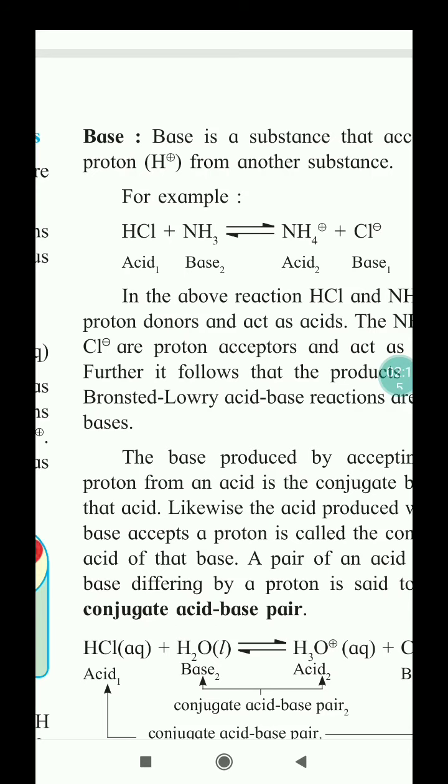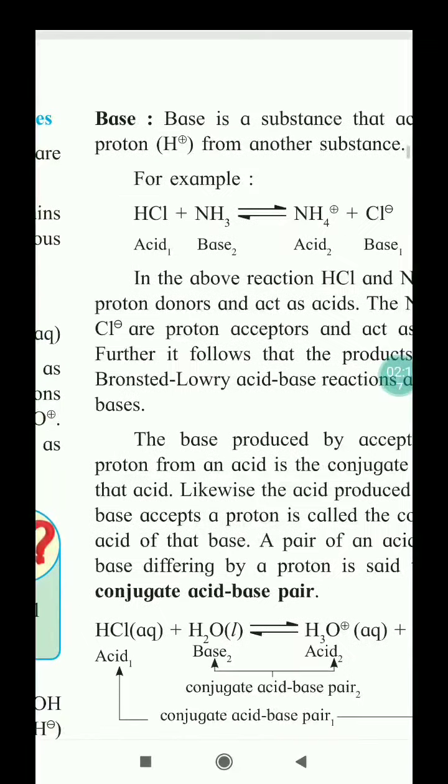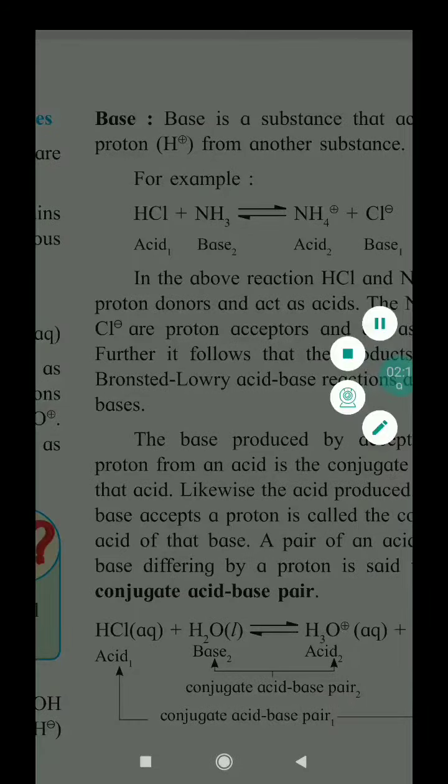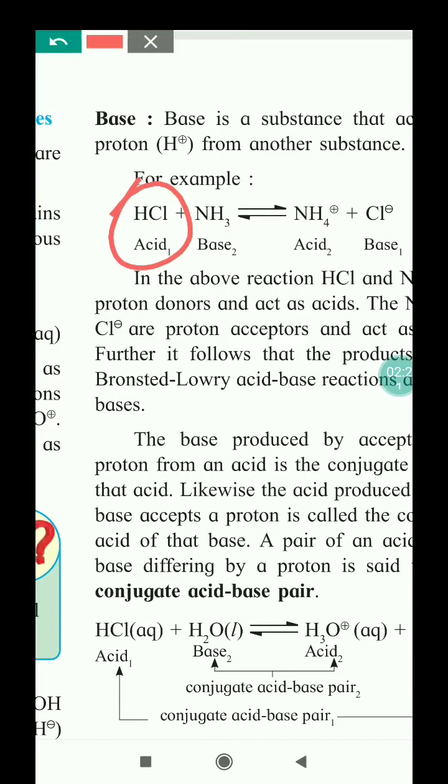For example, here the acid HCl contains a hydrogen atom. It donates this hydrogen to NH3, ammonia, to form the NH4 positive ion, ammonium ion, and the remaining part of the acid forms Cl negative. Here HCl is a proton donor, therefore it acts as an acid.